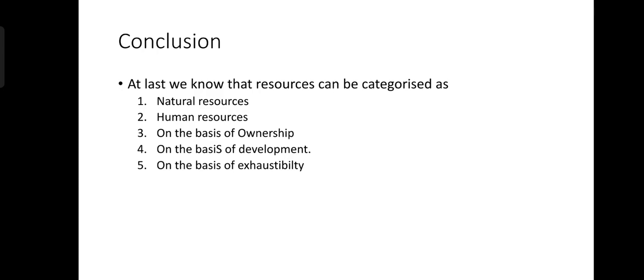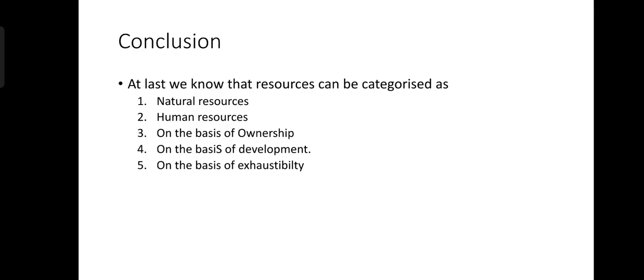So on the basis of all the divisions of resources, students will be able to categorize various types of resources, such as natural resources, human resources. On the basis of ownership, they will be able to learn that there are four types of resources.